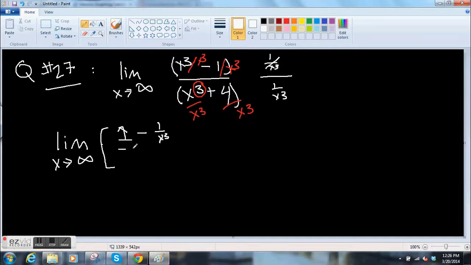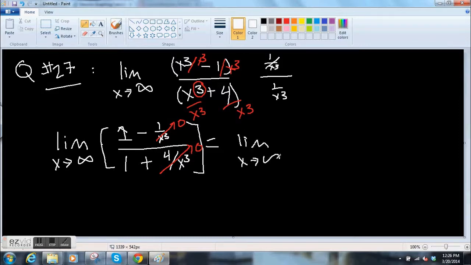This is just rewriting the function in a different form. x cubed over x cubed is 1 plus 4 over x cubed. Why would I do that? Because now we can use this rule that 1 over x cubed goes to 0, 4 over x cubed goes to 0, and we get the answer: the limit as x goes to infinity of this function equals 1, because we had 1 divided by 1.